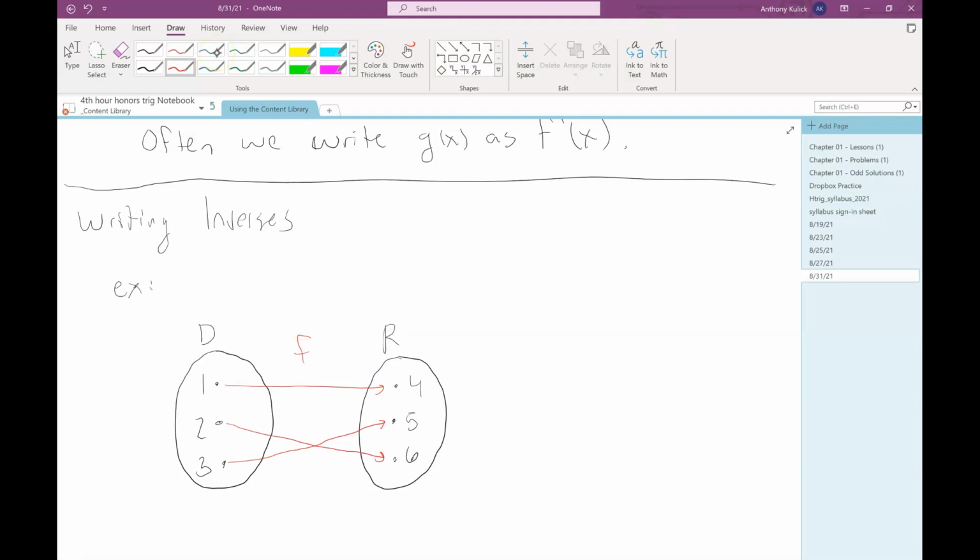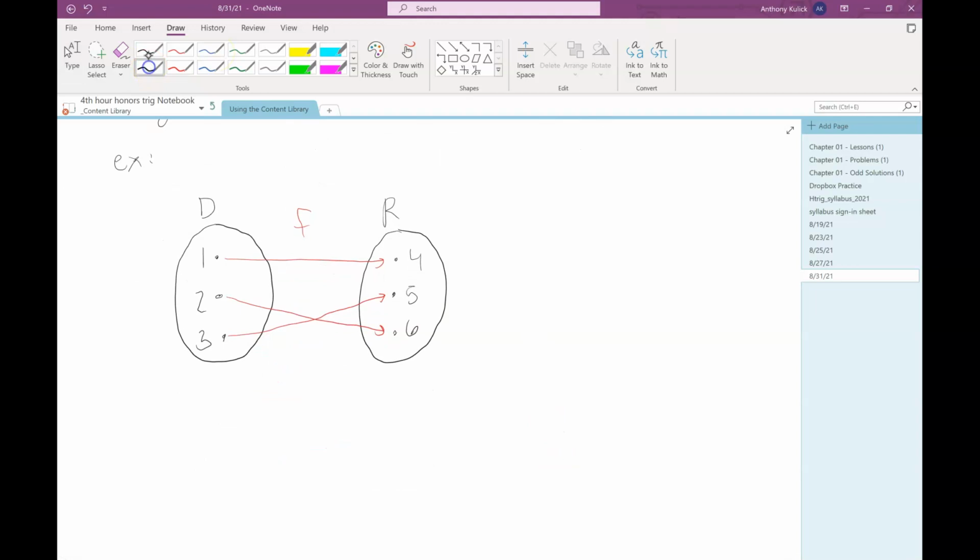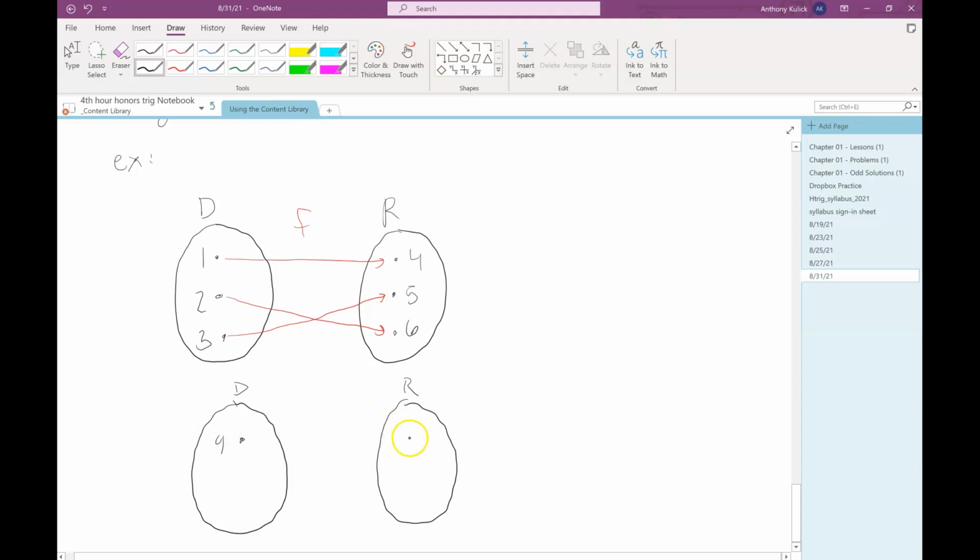If I wanted to write the inverse for this, well, I need in the original function, 1 goes to 4, and then 2 goes to 6, and 3 goes to 5. In its inverse, I need to take 4 and send it back to 1.